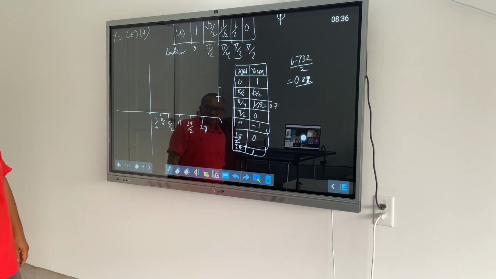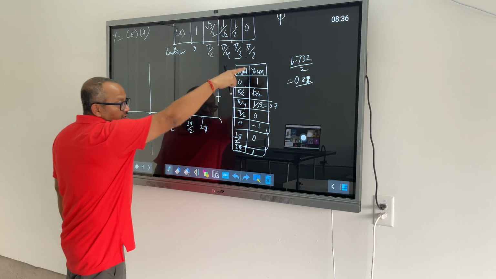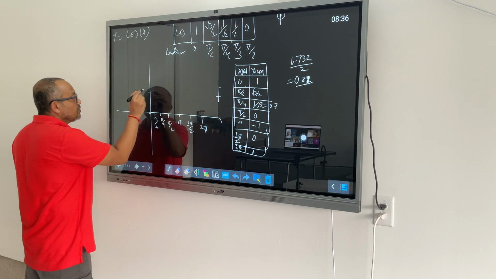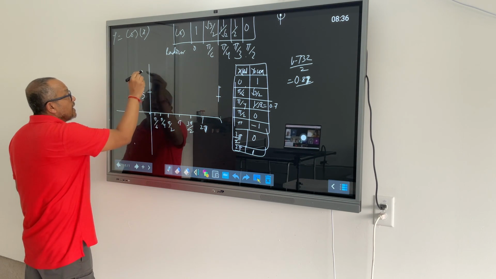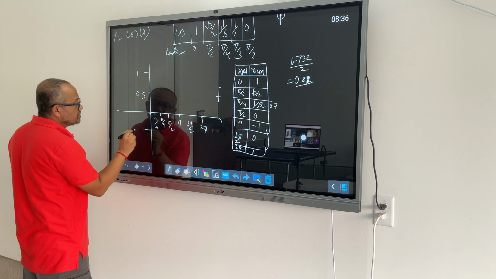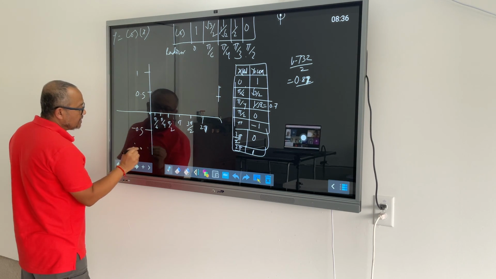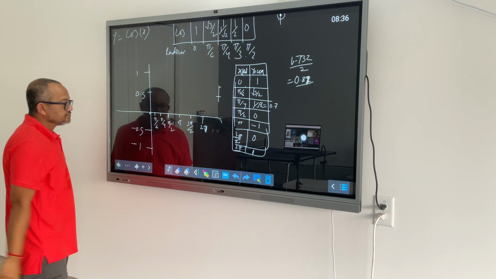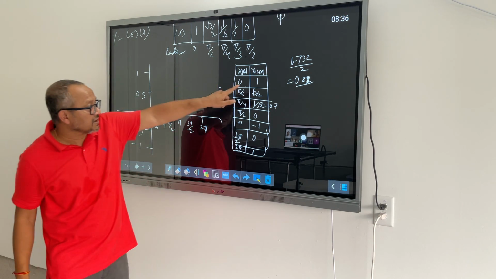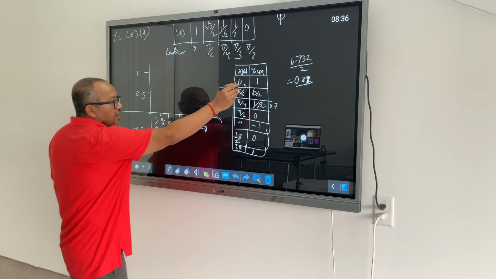Now you will see something interesting. Again, since it's ranging from 1 to -1, here I will put 0.5 and here I will put 1. Here it is -0.5, here it is -1. Let's try locating these points on this plane.